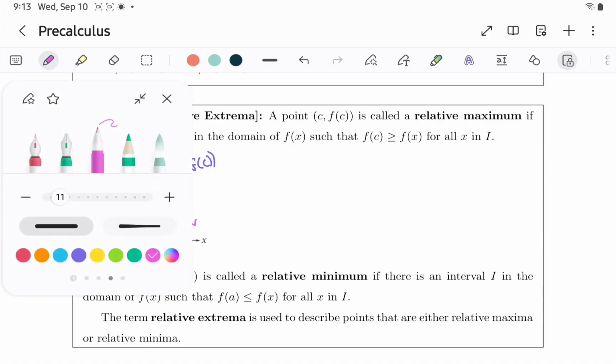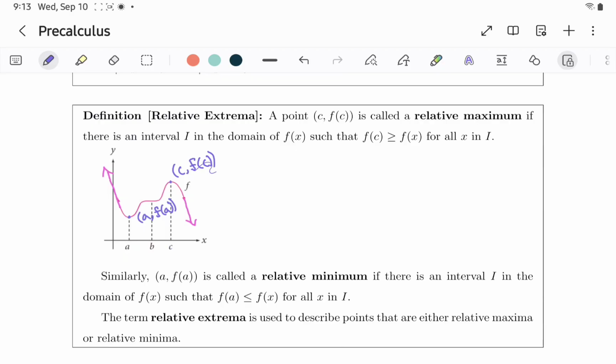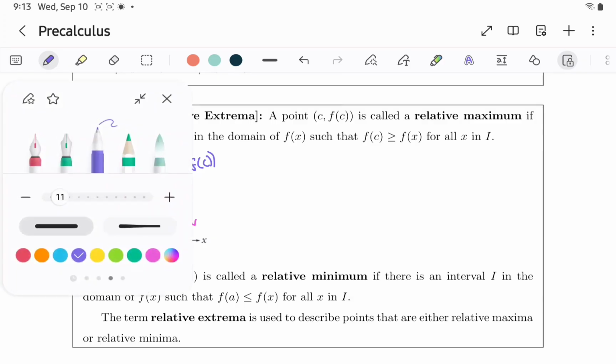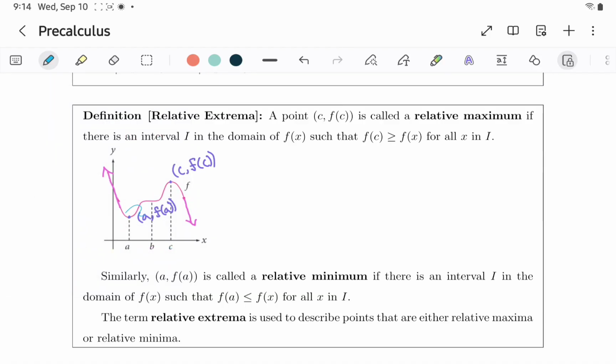But there is an interval around both a and c such that f of a is the least value of f on that interval, and f of c is going to be the greatest value of f on some interval containing c. So we can imagine what these intervals might be. Let me change colors again, to blue.